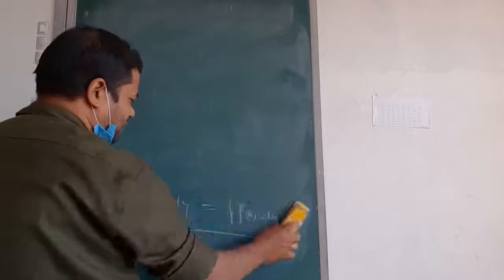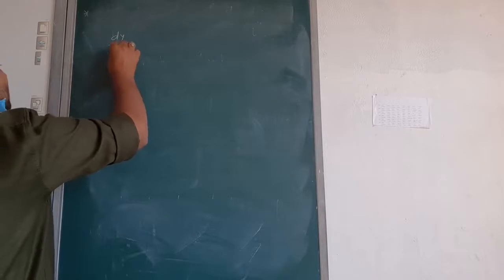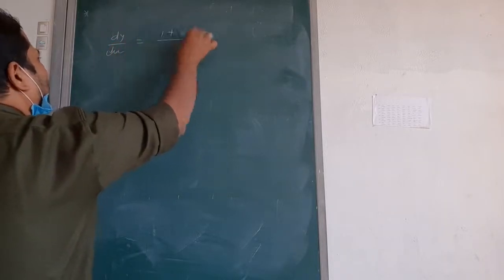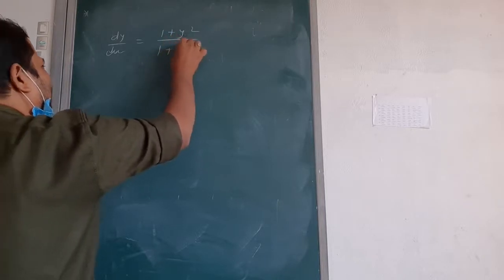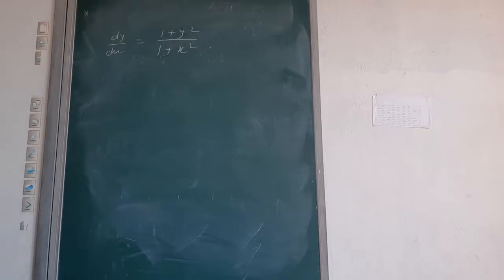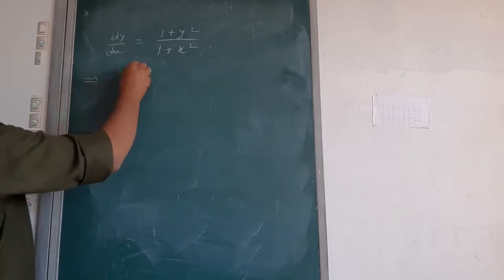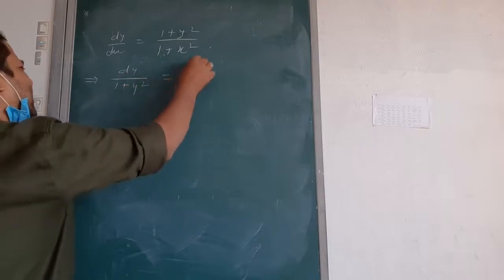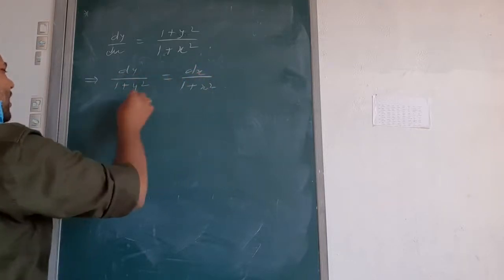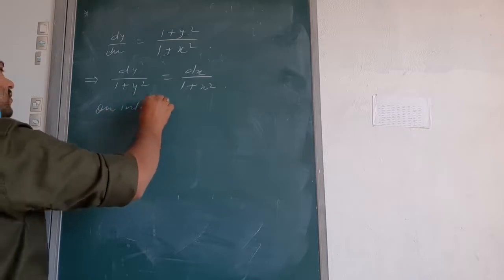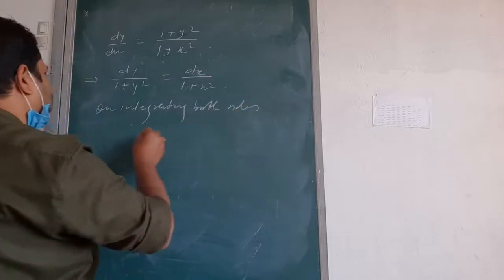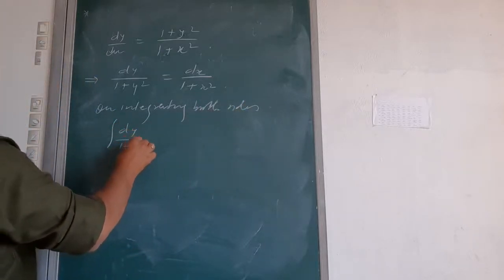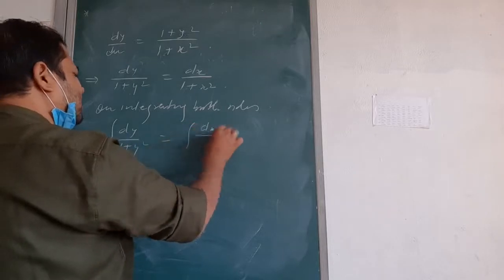Suppose we are given a question like dy by dx is equal to (1 plus y square) upon (1 plus x square). We separate the variables: dy upon 1 plus y square and dx upon 1 plus x square. On integrating both sides, we get the integration of dy upon 1 plus y square and of dx upon 1 plus x square.